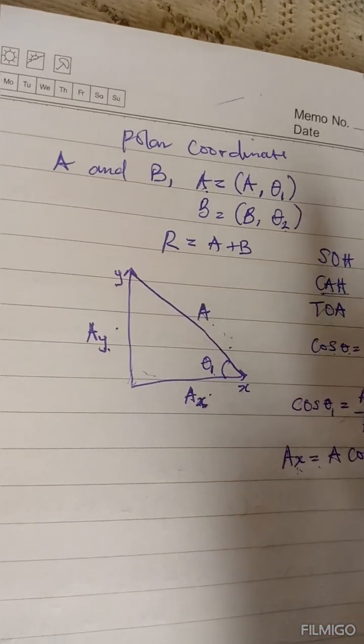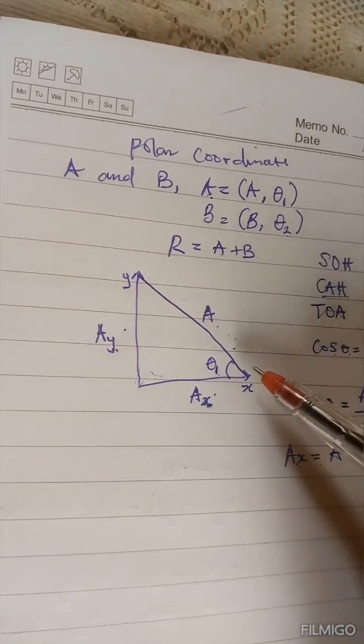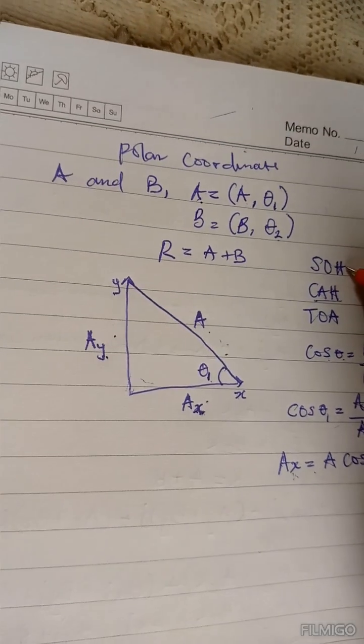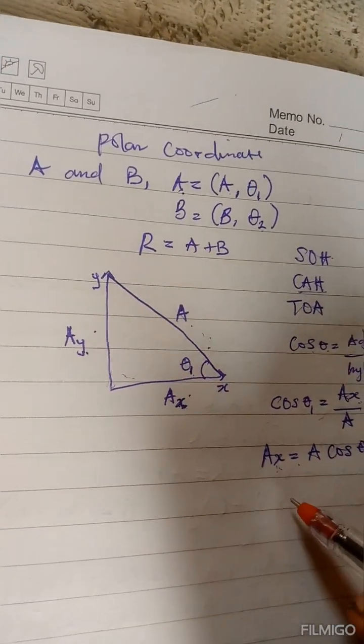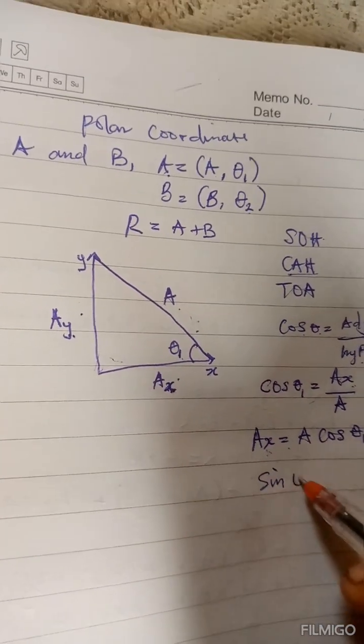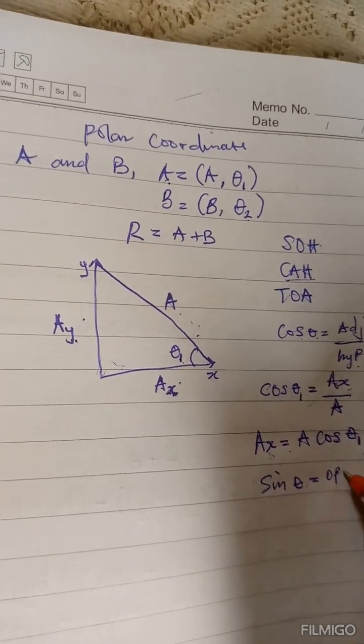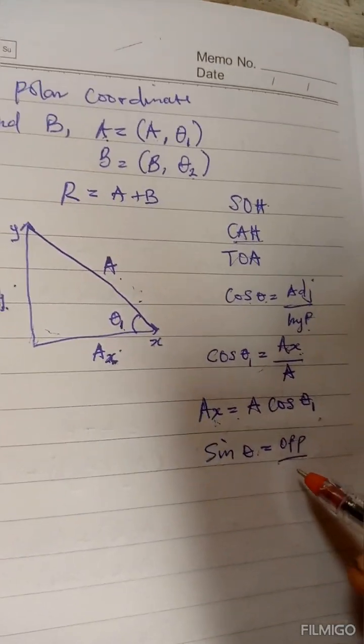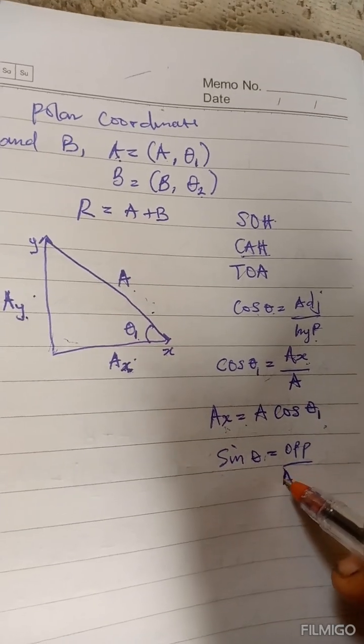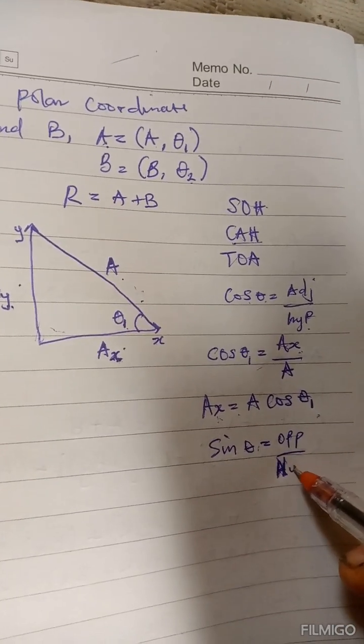All right, so the trigonometric ratio that can give me this is the SO, which is sine theta equal opposite over hypotenuse.